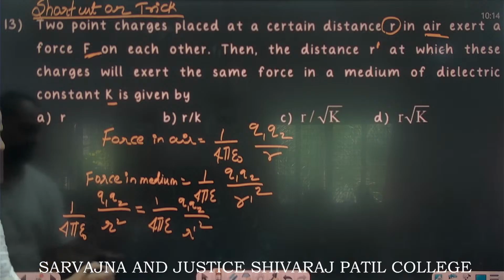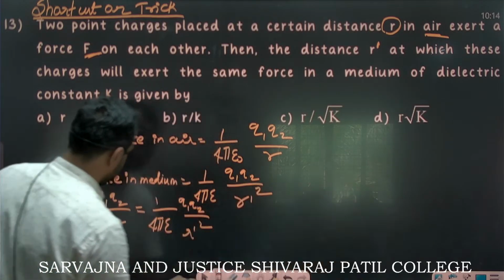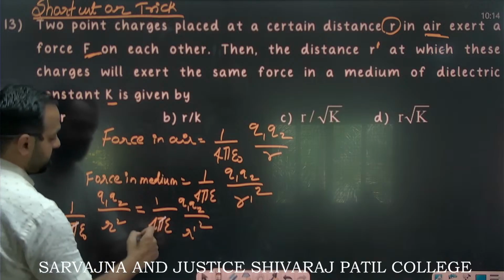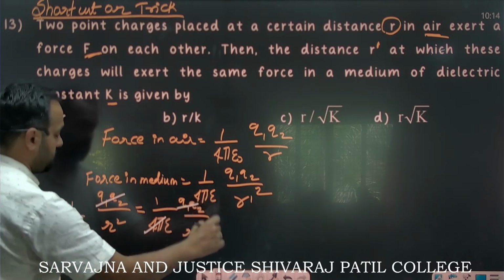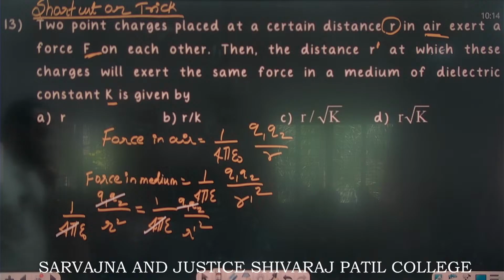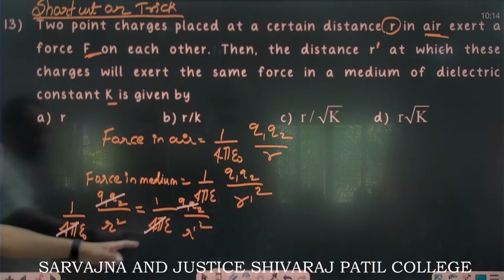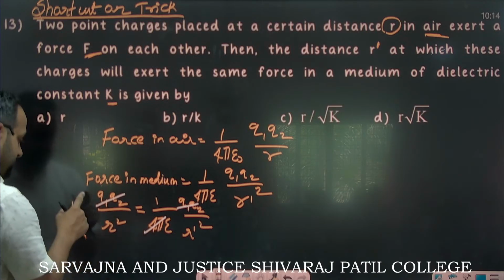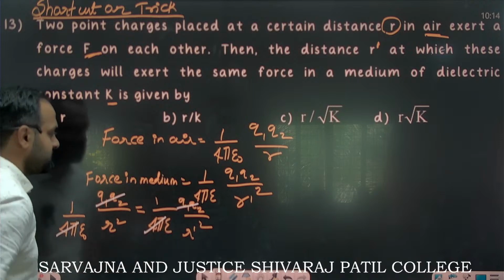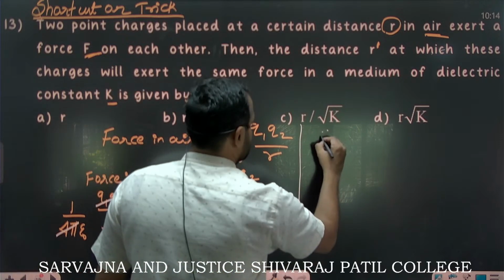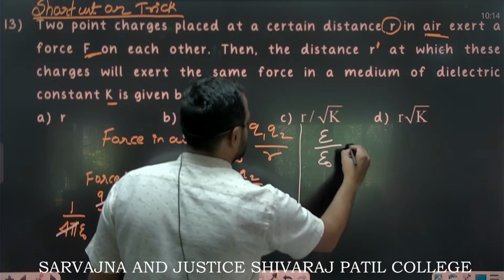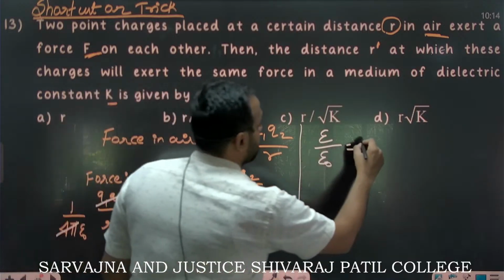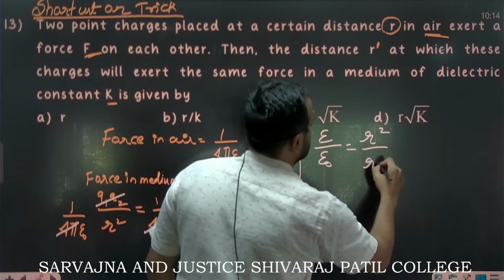You didn't cancel out that? 4 pi, Q1, Q2 cancel. What is the formula for dielectric constant? Epsilon divided by epsilon naught. So you bring epsilon naught to the left, epsilon to the left-hand side, and R you send that side. What you will get is epsilon divided by epsilon naught equal to R square divided by R dash square.